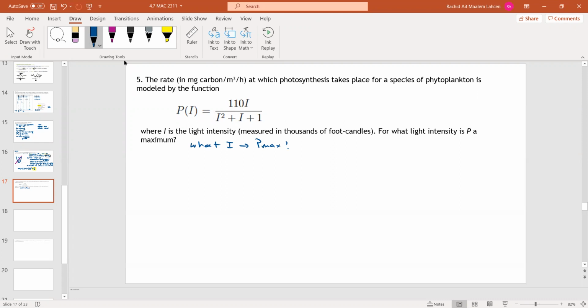So we'll start, as usual, again, with the derivative. Let's take the derivative, which means we need to do the quotient rule here.